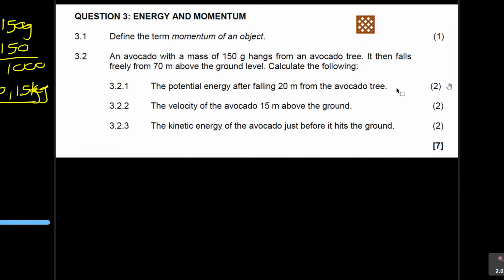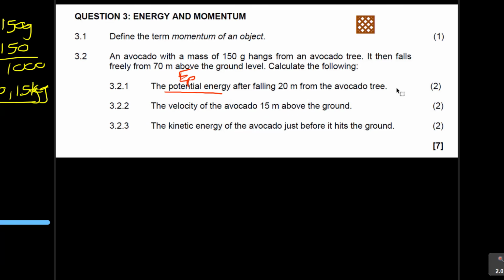Number 3.2.1, 2 marks. The potential energy after falling 20 meters from the avocado tree. Look at the keywords there. They're trying to confuse you. They're saying the potential energy, which is our EP. Are you with me?